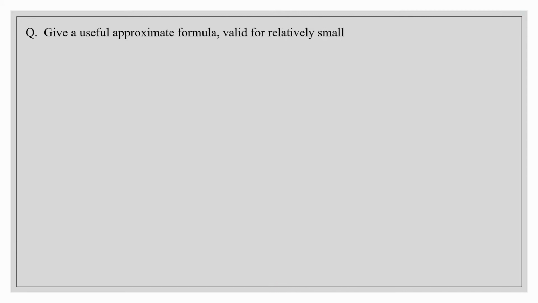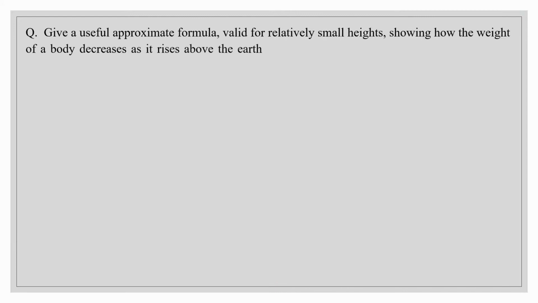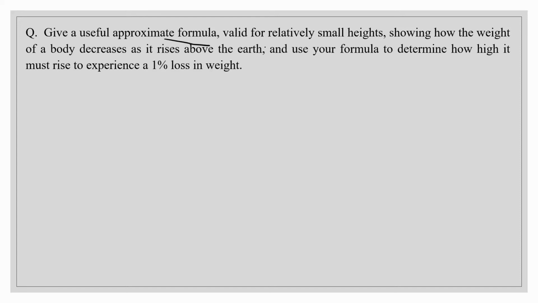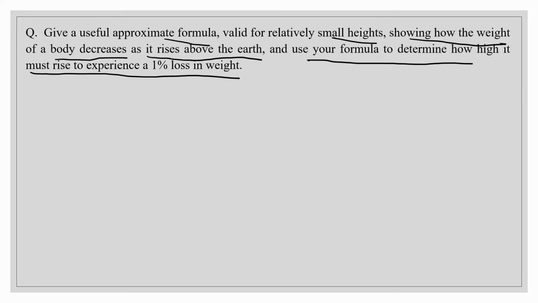Now we will do one question. This is saying: give a useful approximate formula valid for relatively small height, showing how the weight of the body decreases as it rises above the earth's surface, and use the formula to determine how high it must rise to experience 1% of weight loss.